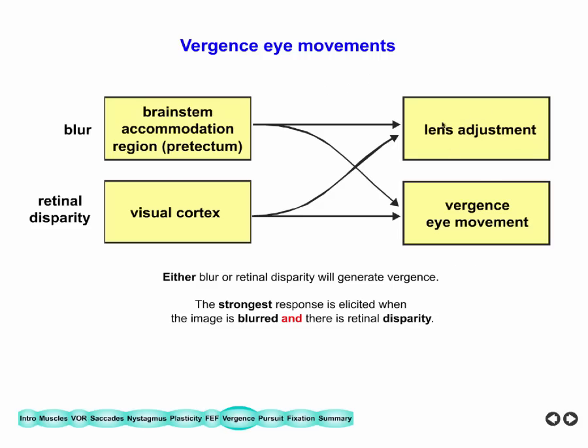At the same time, there's a signal to the lens to adjust its thickness. Again, it comes from the brainstem. You see a blur, that adjusts the lens thickness. But surprisingly, also does a signal for the retinal disparity. So both these things happen quickly when both of these things occur. If only one of them occurs, both these things happen more slowly.